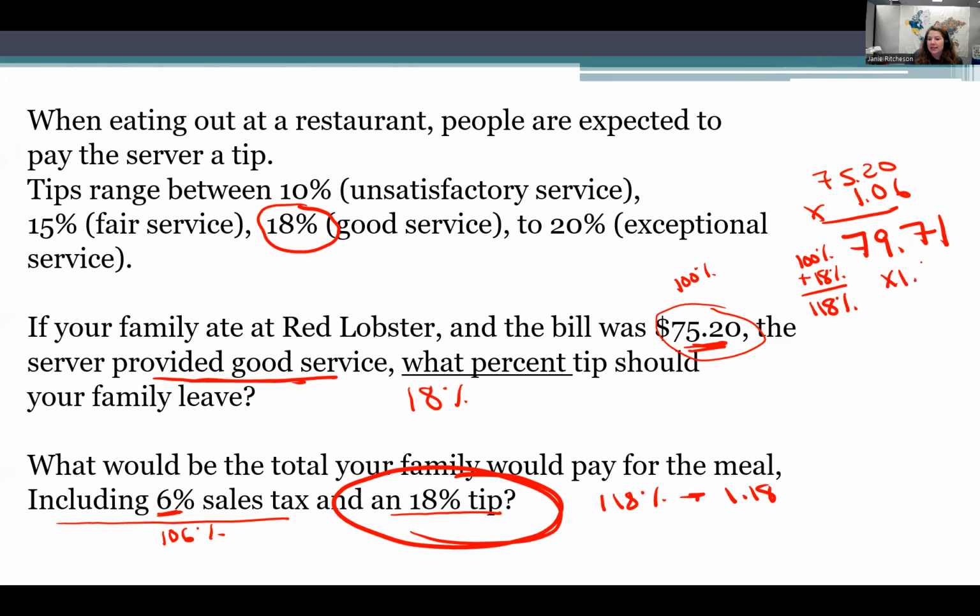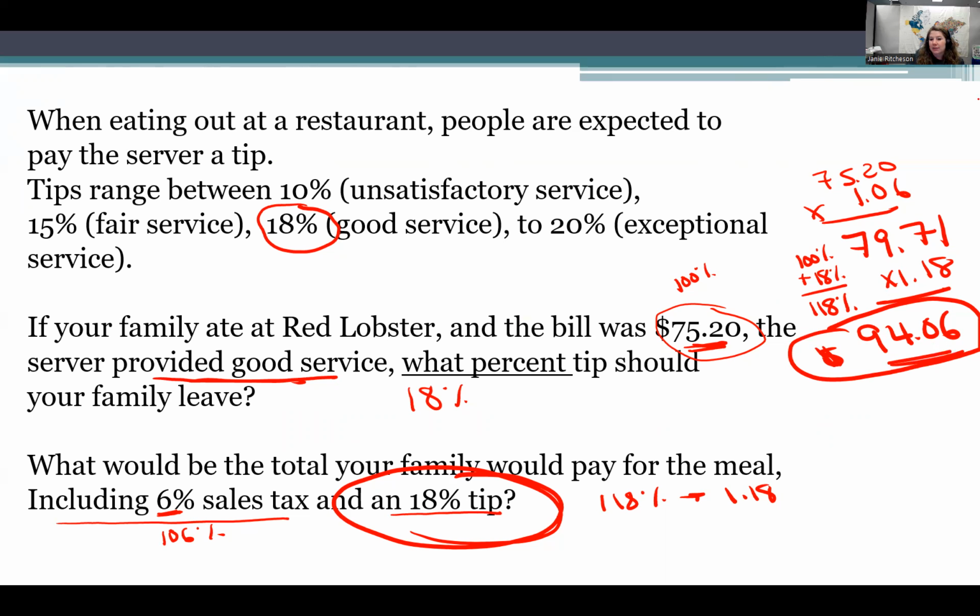So I'm multiplying that by 1.18. And my answer is, oops, I typed it in my calculator wrong, times 1.18. My answer is $94.06. That's how much my meal costs with sales tax, including an 18% tip.